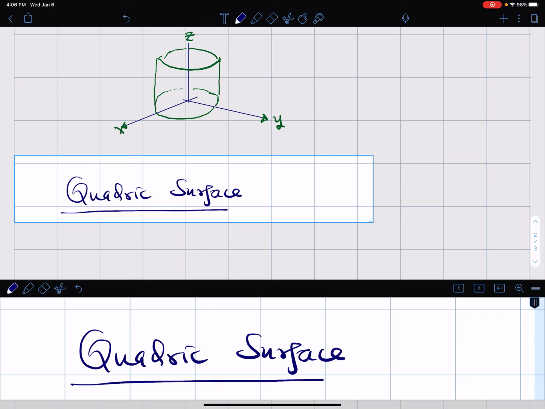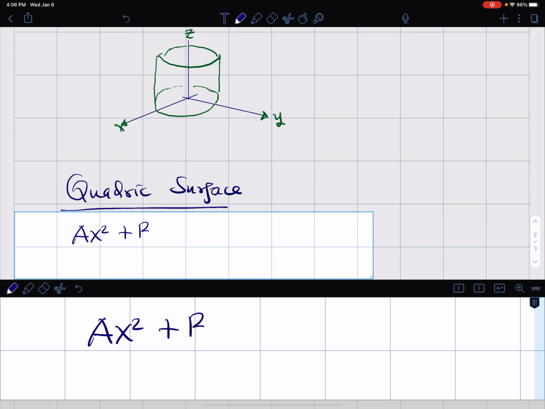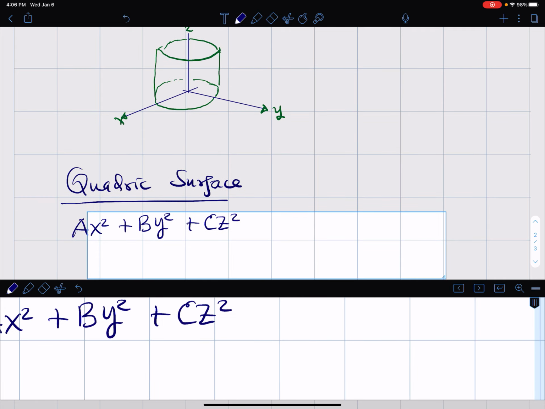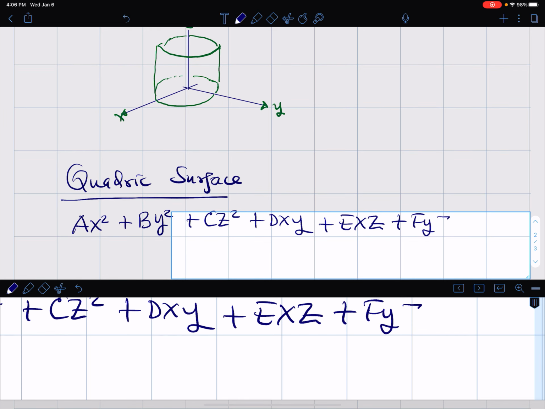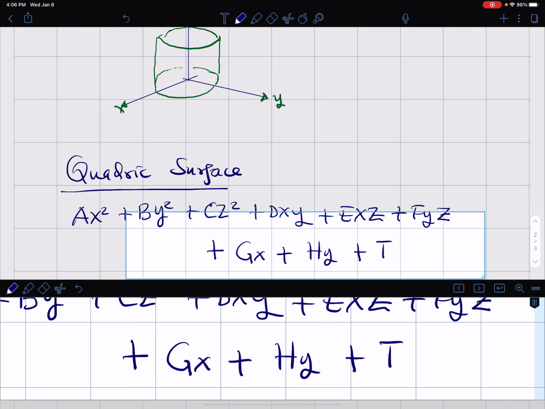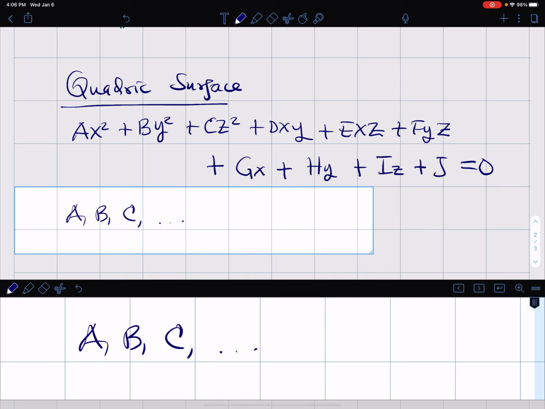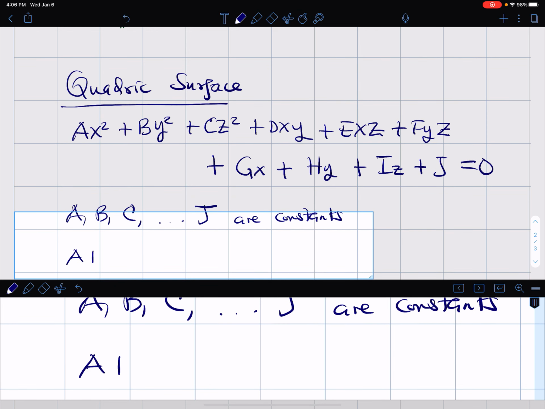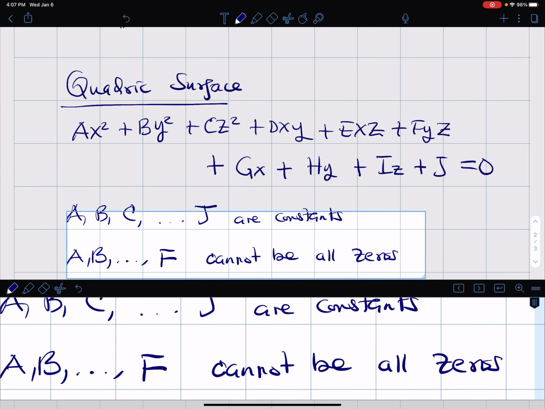A quadric surface is any surface that has an equation of this form: ax squared plus by squared plus cz squared plus dxy plus exz plus fyz plus gx plus hy plus iz plus j equal to 0, where a, b, c, and so forth up to j are constants, and a, b, all the way to f cannot all be 0. You know what I mean?